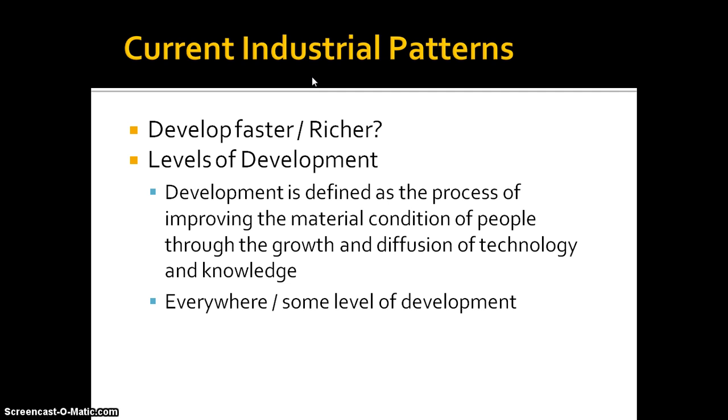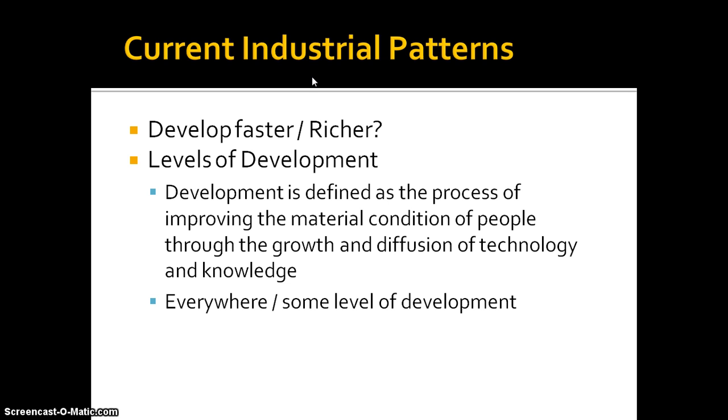They're more developed than other countries in the world, and they've grown richer, faster than other parts of the world. If you think about that idea of core, semi-periphery, and periphery, that's where a lot of individuals will point to, talk about the dependency theory, things like that. But if we look at development, we've noticed over the past several hundred years, certain parts of the world have developed much more quickly than others, and they have reached higher levels of development.